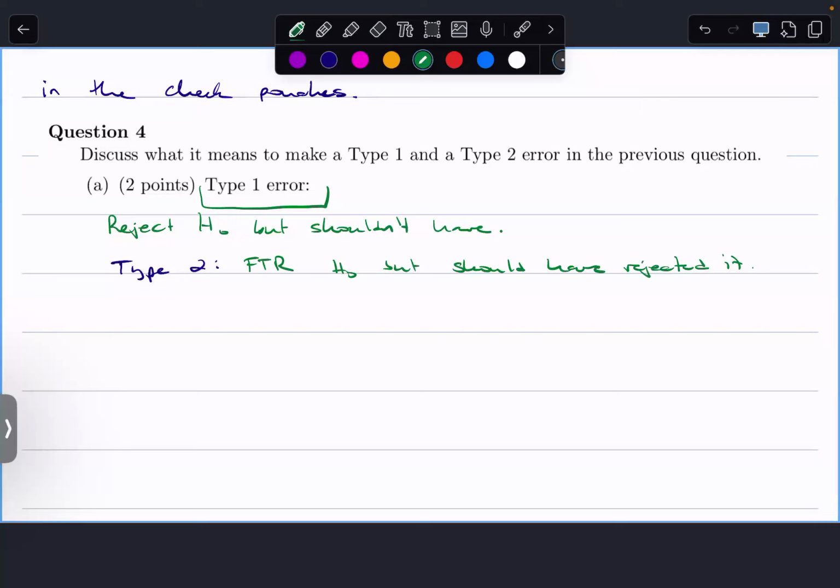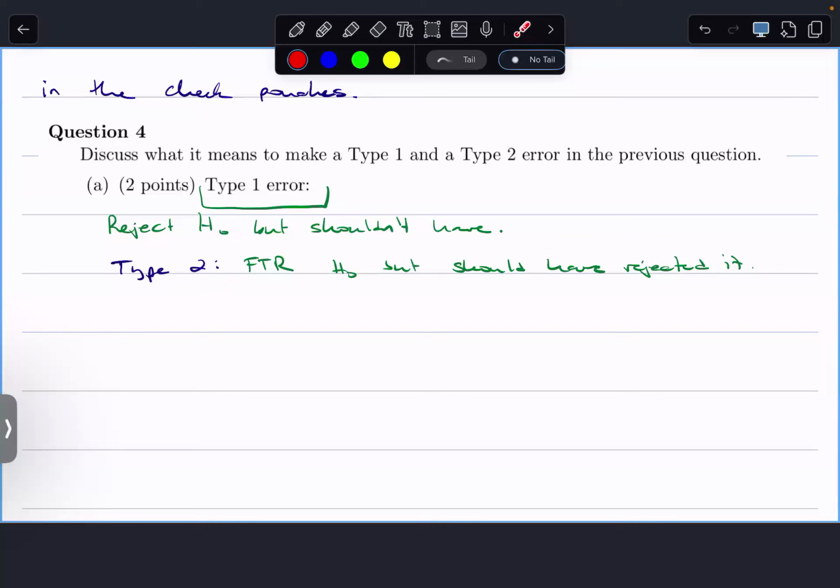What this means is if you've rejected H naught, there is always a probability of making a type 1 error. If you fail to reject H naught, then there's always a probability that you're making a type 2 error.